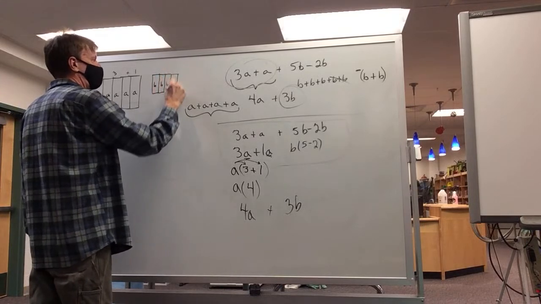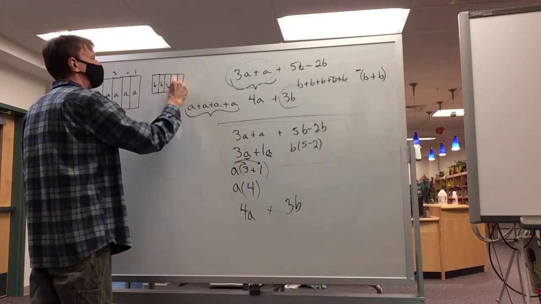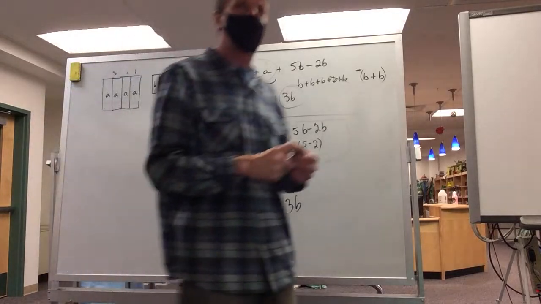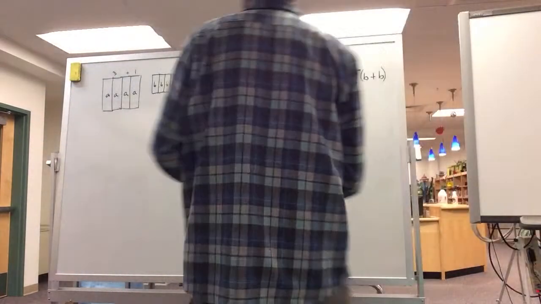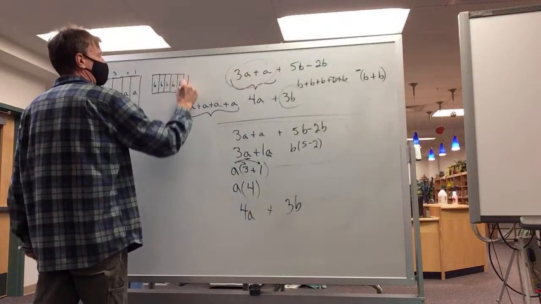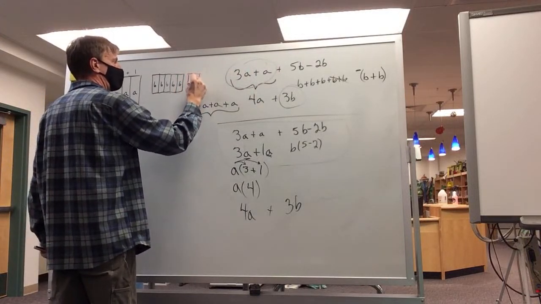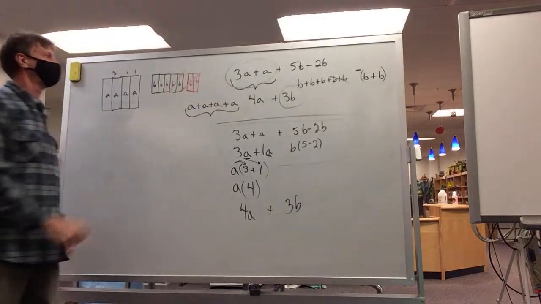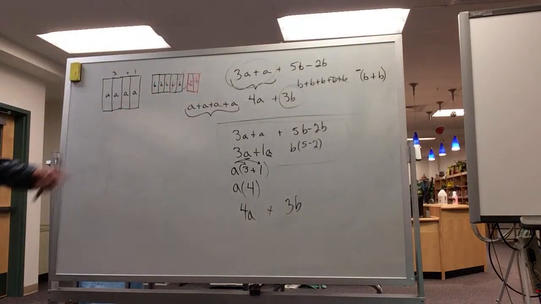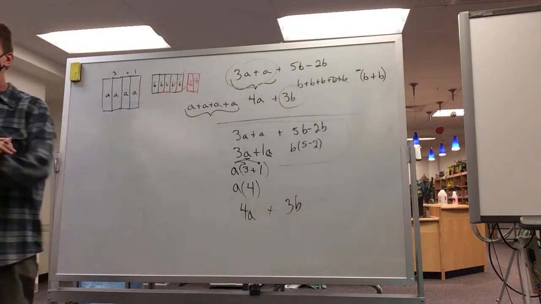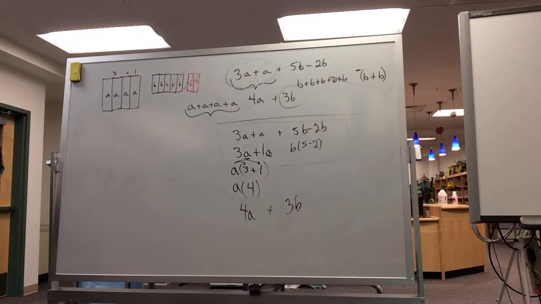And if I started out with 5 of them, that were all positives, and then I came along and I said, I have 2 of them that are negative B, those 2 cancel those 2, and you're left with 3. Because a number plus its opposite makes nothing. Any number plus its opposite is equal to 0.